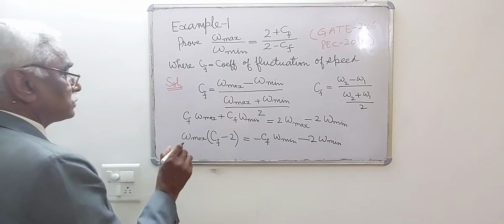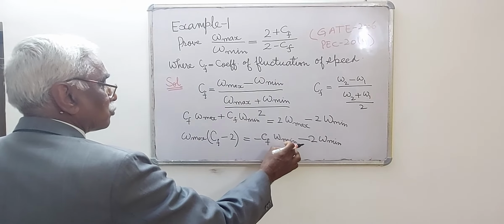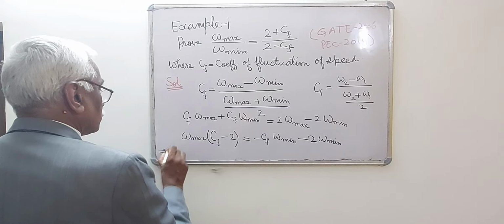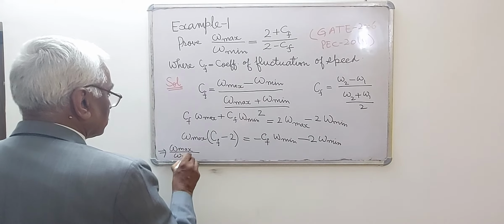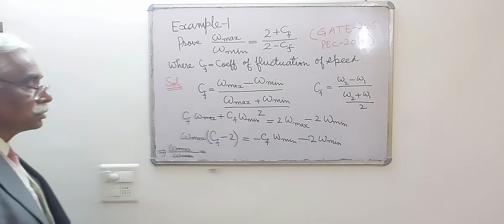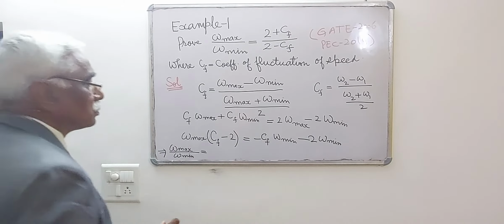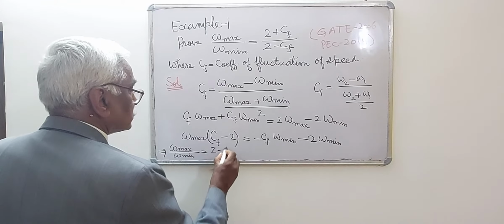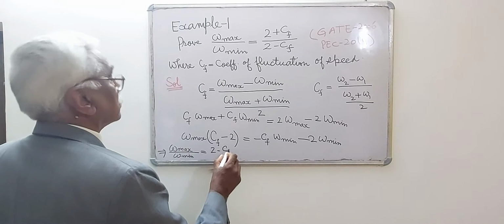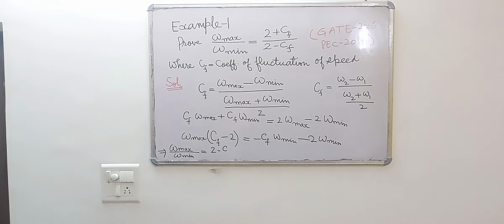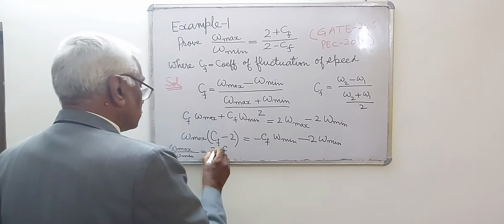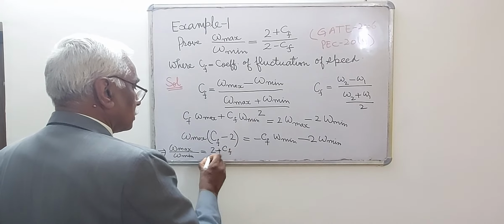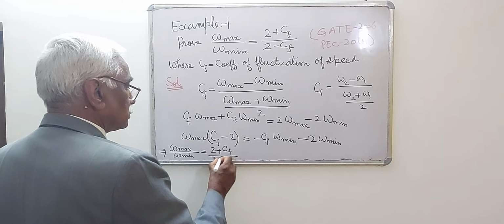Or it can be written as omega minimum is taken common from here. It can be written as omega max divided by omega minimum is equal to 2 minus CF, and taking the minus sign as common, 2 plus CF divided by 2 minus CF.